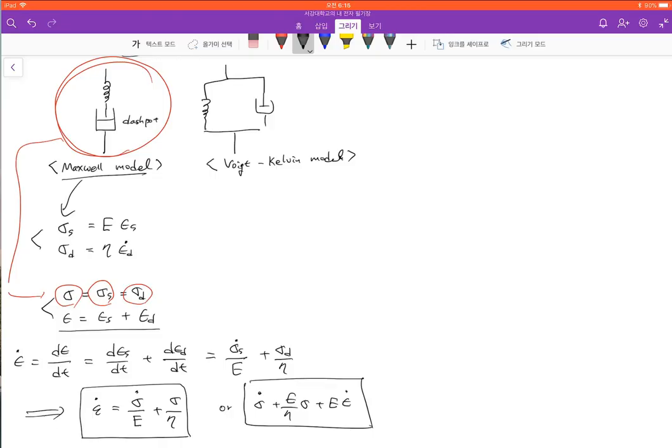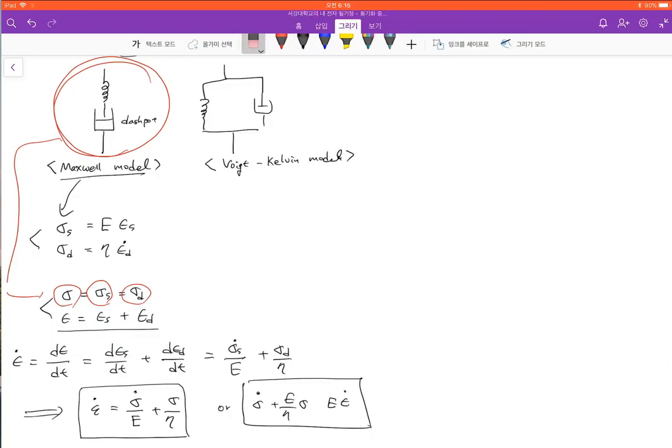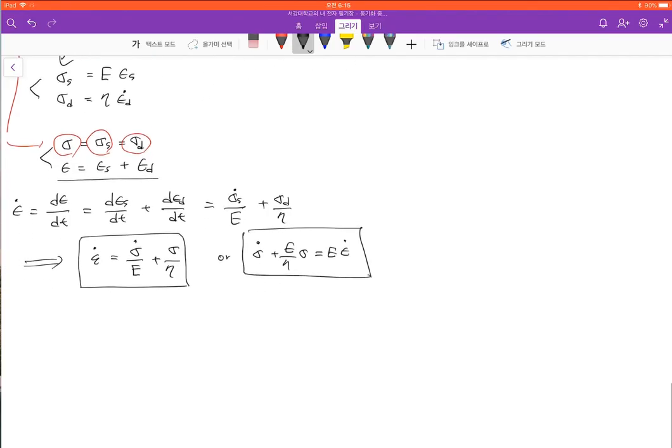For small deformation, if the strain is small, the viscoelasticity basically shows linear behavior. If you apply a certain strain, it basically shows linear behavior. Above a certain stress, it does not show this linear behavior, something like this.